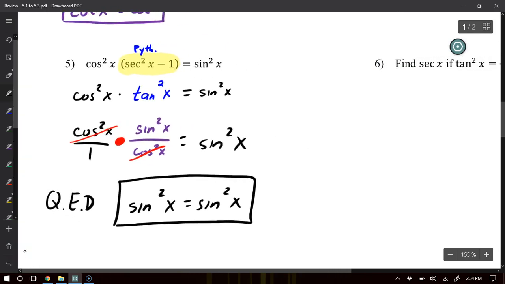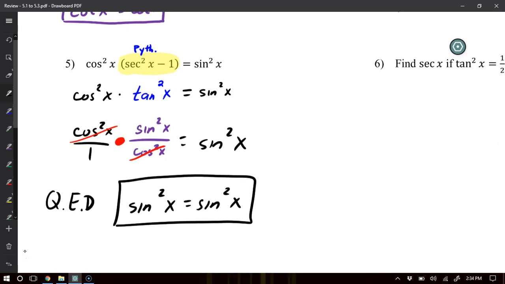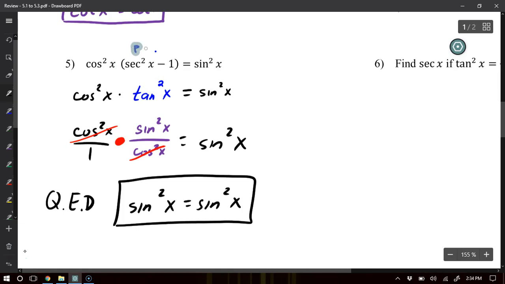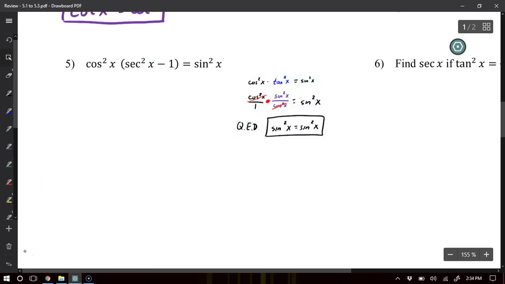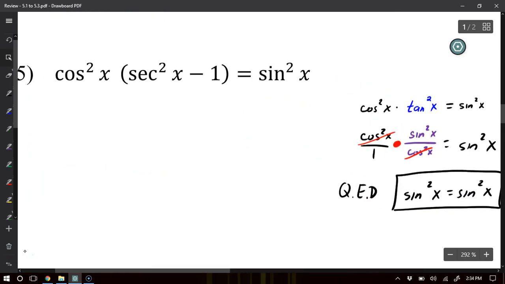Now that's one way. And that's, like I said, that's the way I see it. I see the Pythagorean identity first. So I go that route. But what's interesting is you can do another way. I could also distribute. And I'll keep the right-hand side again. But I could distribute cosine squared times secant squared.